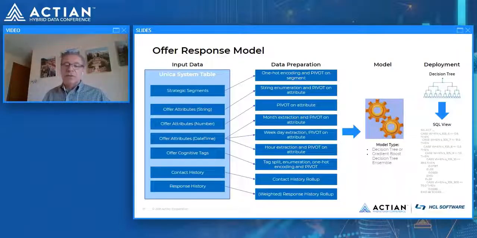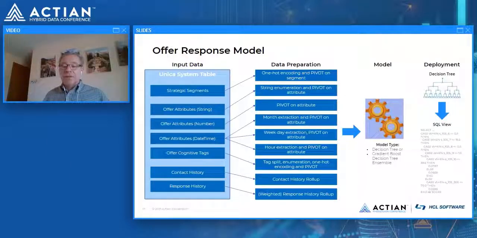For date attributes, we could extract a variety of date components to try to estimate whether seasonality plays a factor in offer response rate, whether day of the week plays a role, or maybe time of the day when the customers are contacted and more likely to respond.